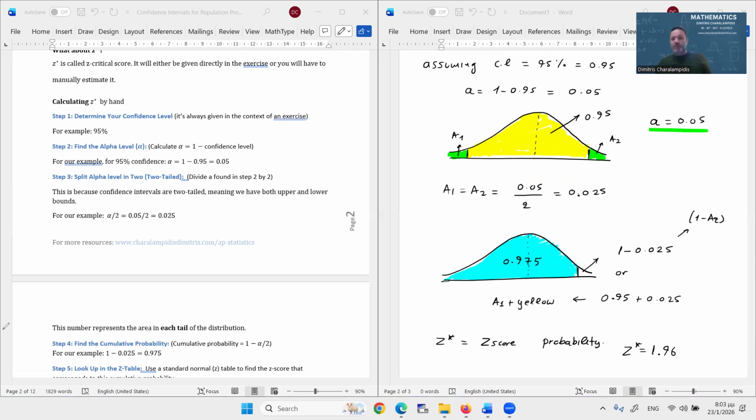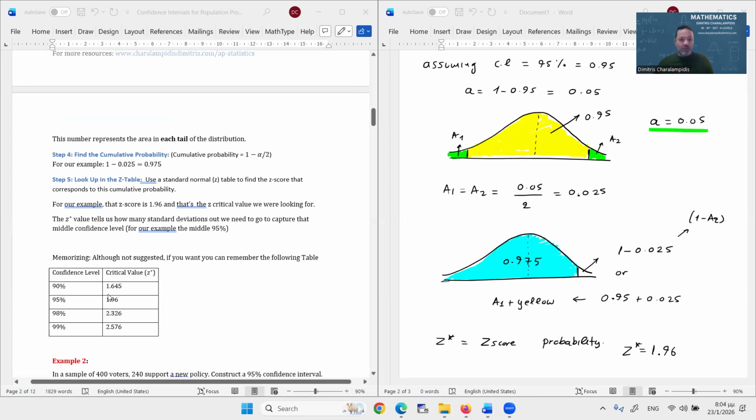Then I should be searching the table of z-scores to find which of the z-scores there produces this specific probability. It's always the same. Whenever you are using a 95 confidence interval, the z critical score will always be equal to 1.96.